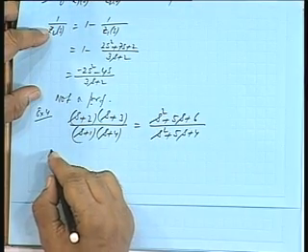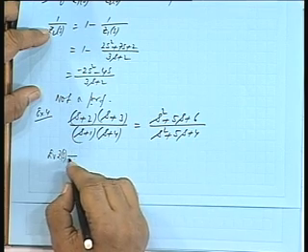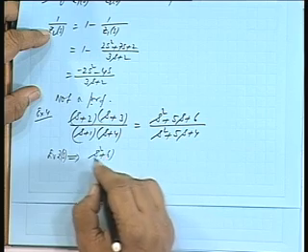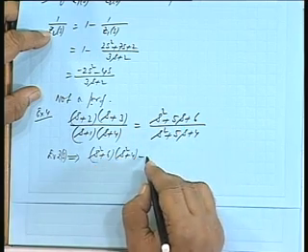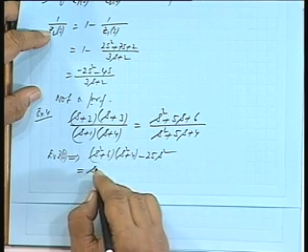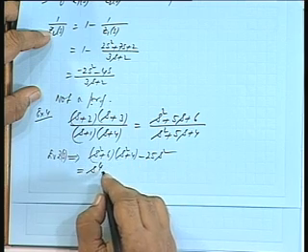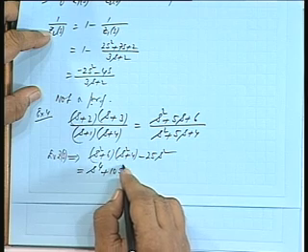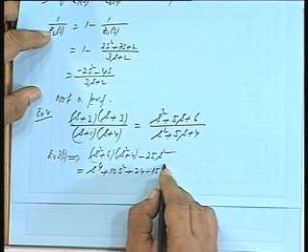For the even part of Z(s), only the numerator part will give me s squared plus 6 into s squared plus 4 minus 25 s squared. So that will give me s to the power 4 plus 10 s squared plus 24 minus 25 s squared, so total is minus 15 s squared.